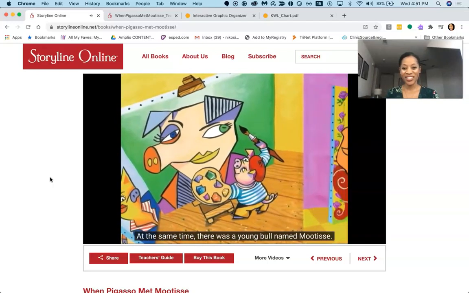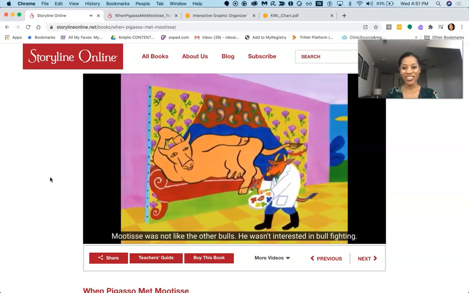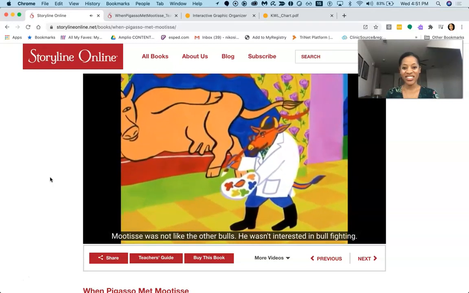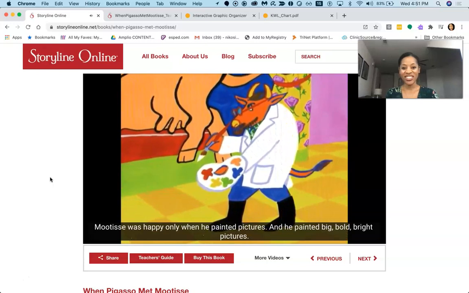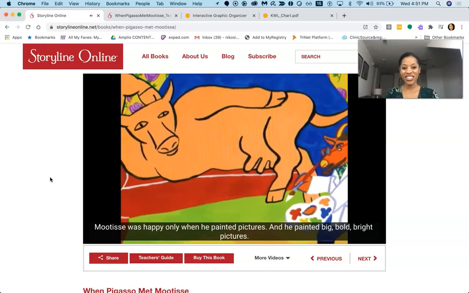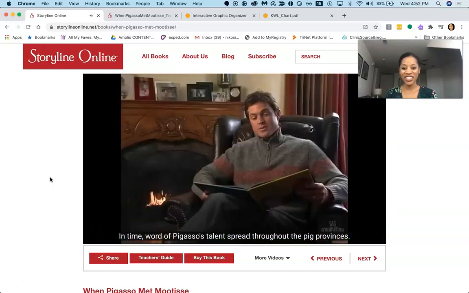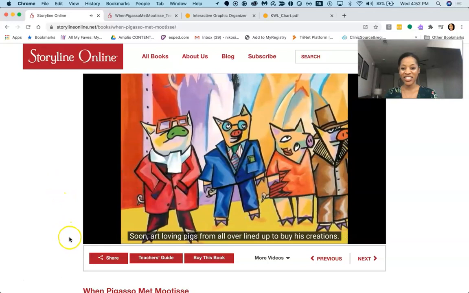At the same time, there once was a young bull named Matisse. Matisse was not like the other bulls. He wasn't interested in bullfighting. Matisse was happy only when he painted pictures. And he painted big, bold, bright pictures. In time, word of Pegaso's talent spread throughout the pig provinces. Soon, art-loving pigs from all over lined up to buy his creations.